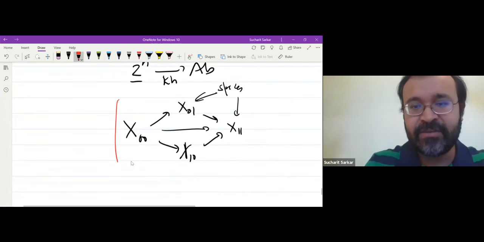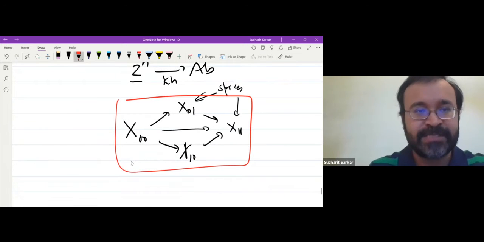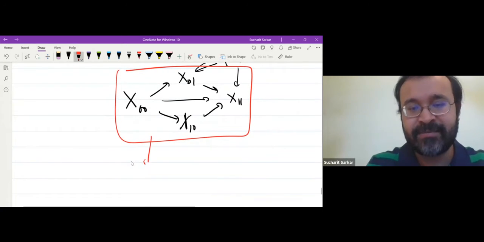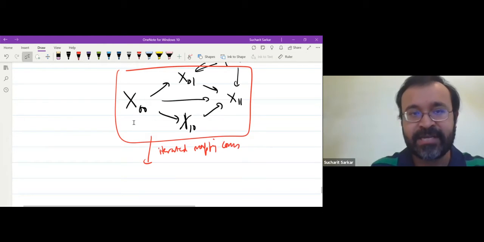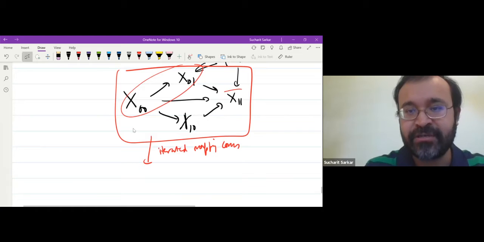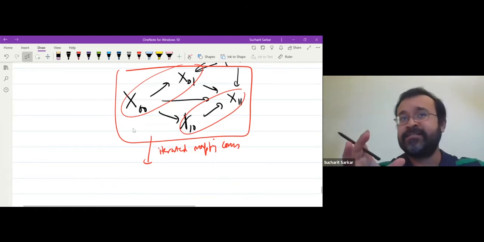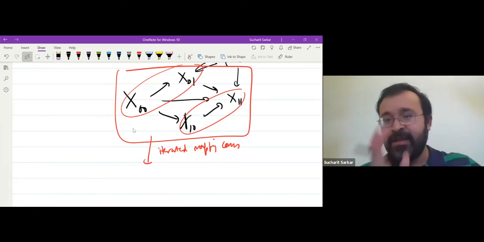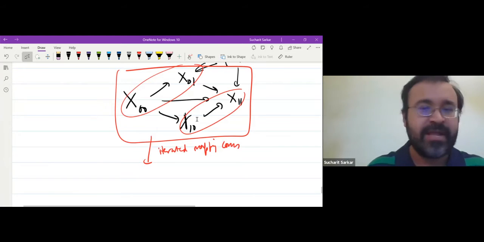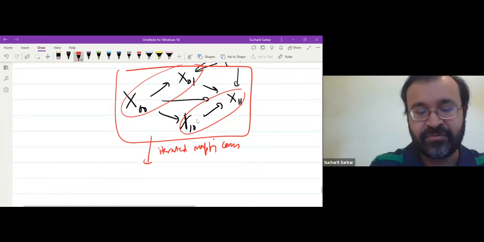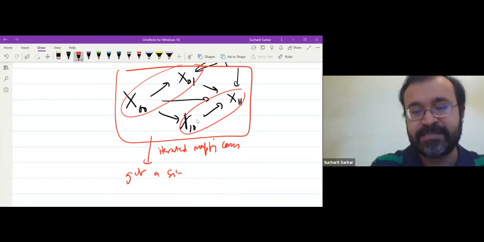If I already have a cube worth of spaces like that, I can take iterated mapping cones. I'll take the mapping cone first along this direction, so I'll get some CW complexes, and a mapping cone of spaces is also a space. Then I'll take the mapping cone in the other direction, and I'll get a single space.